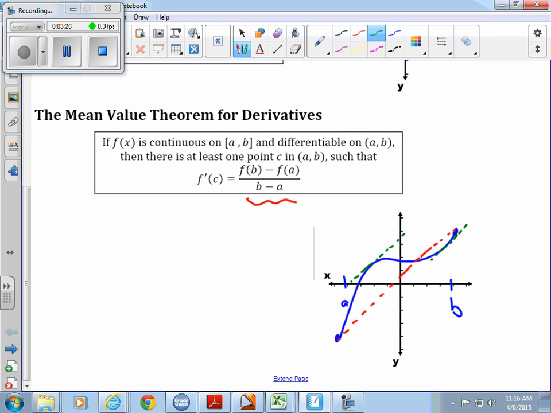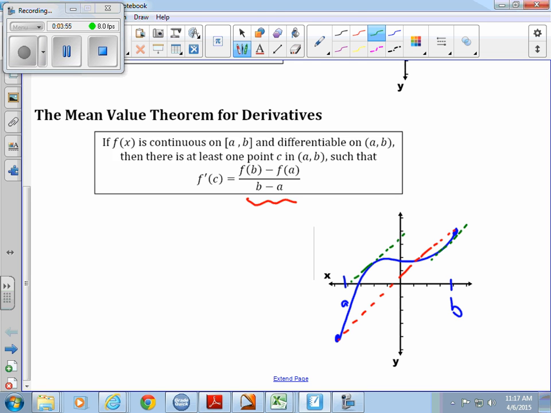But would you agree at some point I had to go 60? If I averaged 60, at some point I had to go exactly 60 miles an hour? That's what the mean value theorem says. If I average some rate of change, at some point along the curve I have to equal that rate of change at an instantaneous rate of change. Does that make sense?